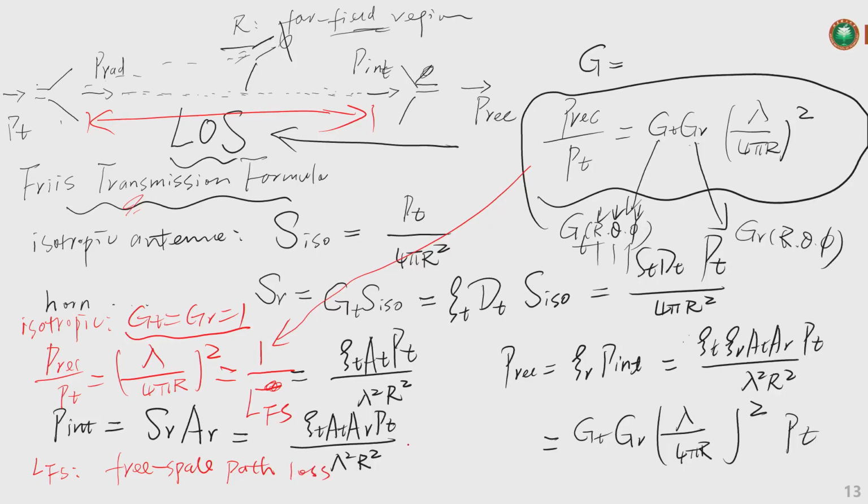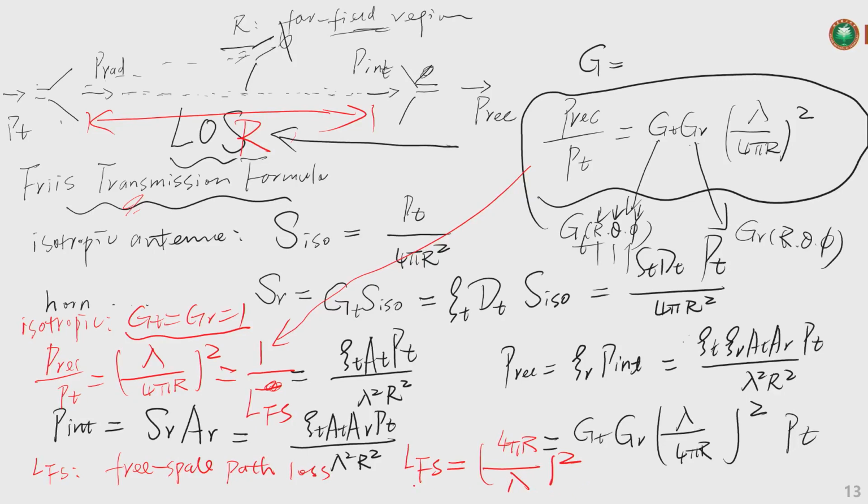So we can see that the free space path loss is defined by 4 pi r divided by lambda, squared, right? It's related to the distance r between the transmitter and the receiver, and inversely proportional to the square of the wavelength.